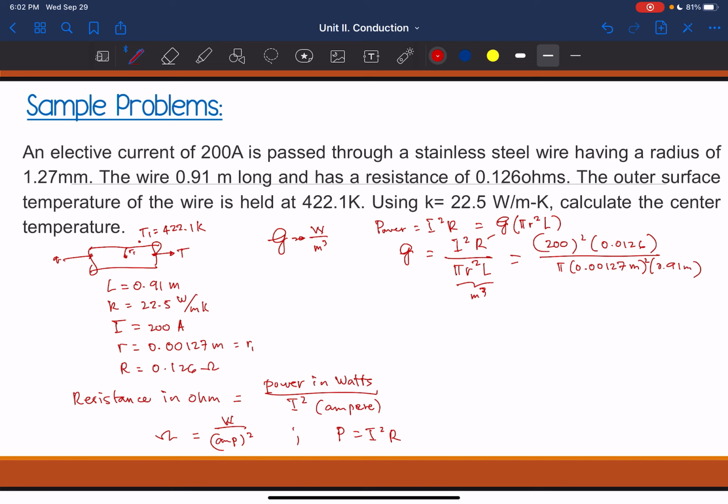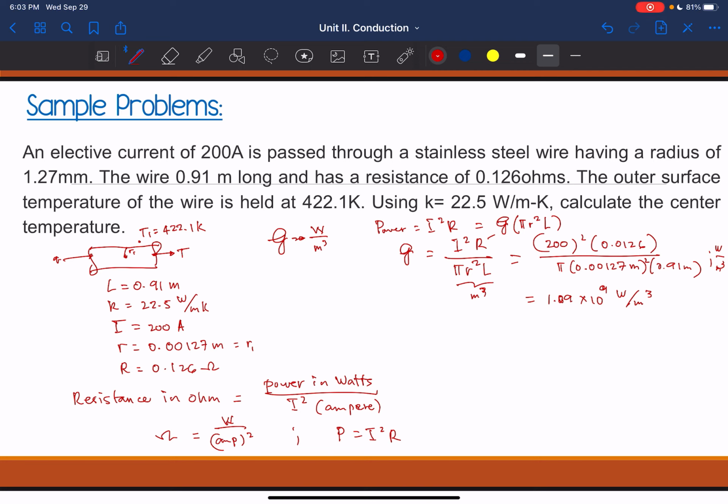So that gives you watt per cubic meter. And you get a value G of around 1.09 times 10 to the 9th watt per cubic meter.